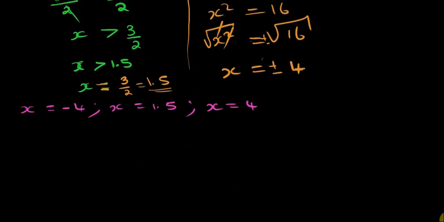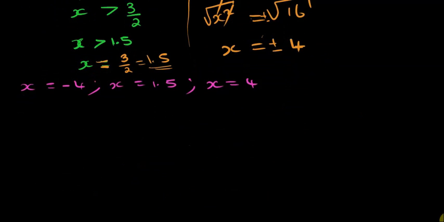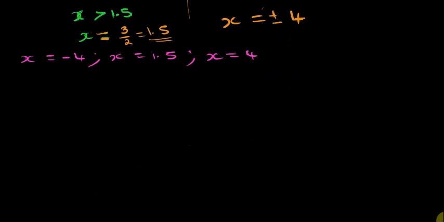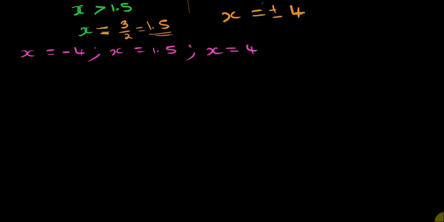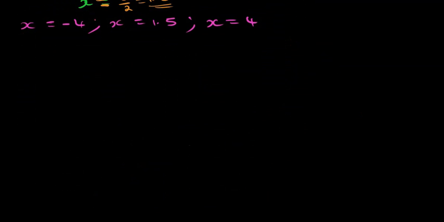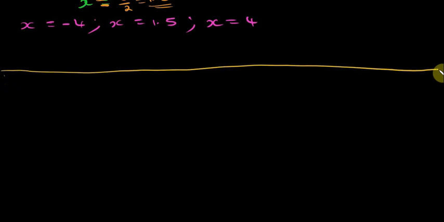So having found our zeros, now we can plot them on the number line and see how many regions our number line is divided into. The zeros divide the number line into regions.